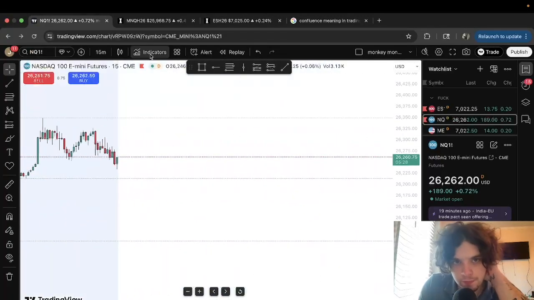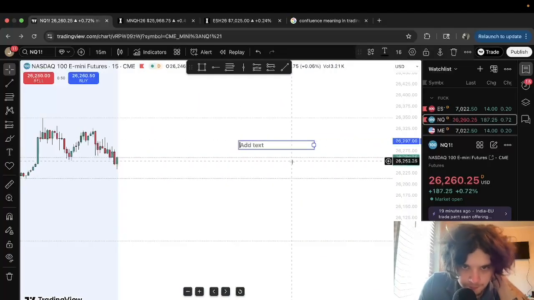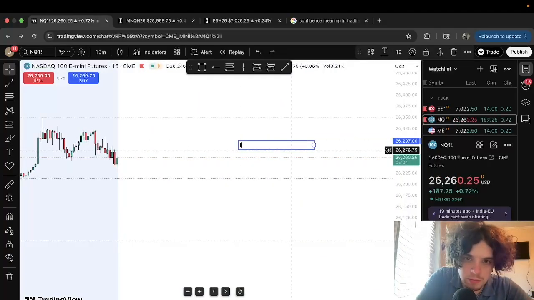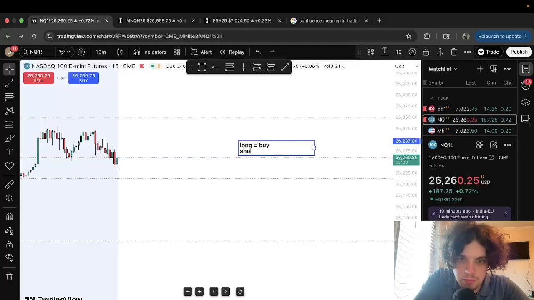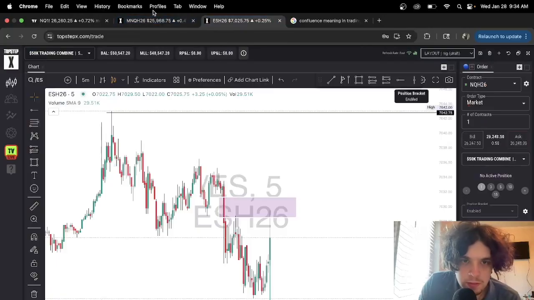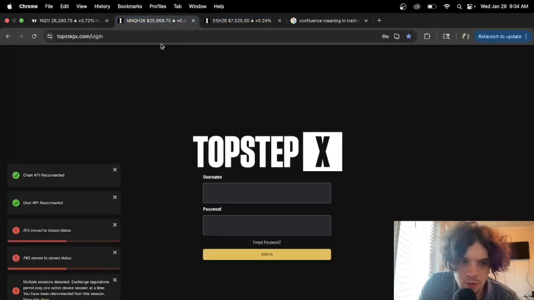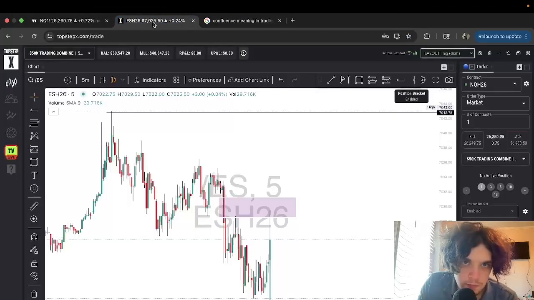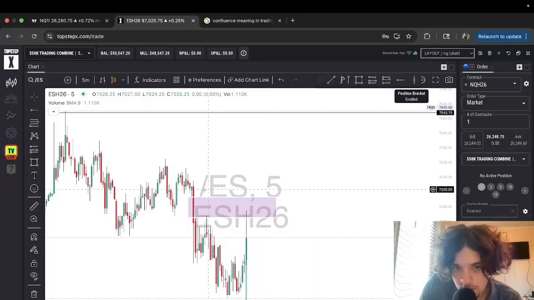Okay, let's write it down. Long equals buy, short equals sell. Right? That's what it means whenever you're like, I'm gonna go long. So with that being said, if it inverses this fair value gap, I'm going long.